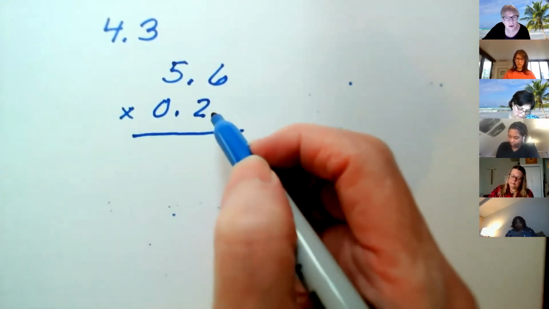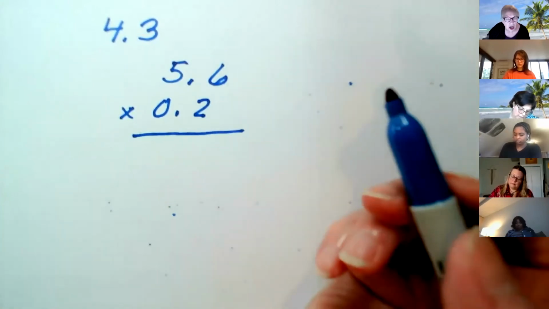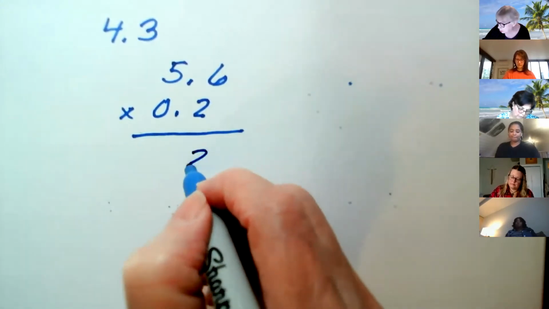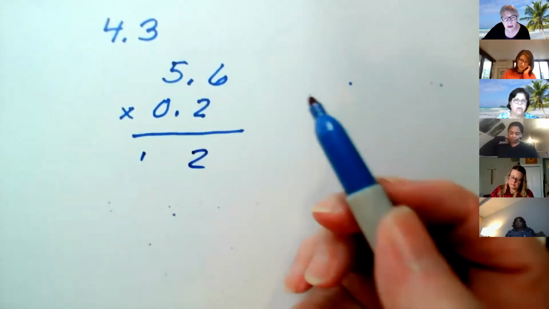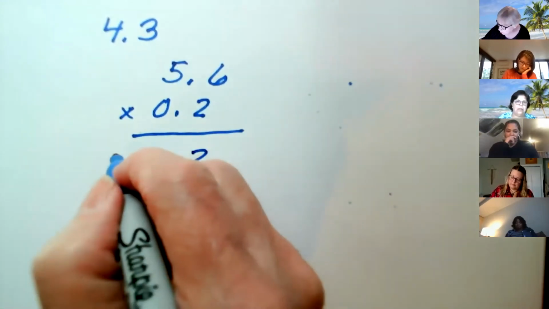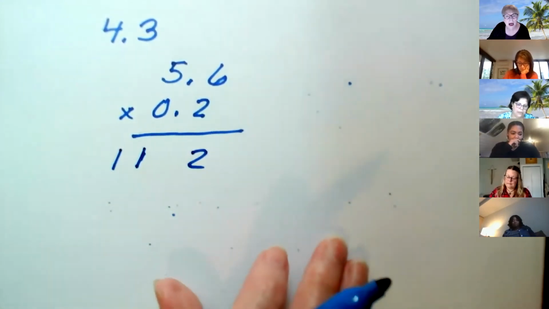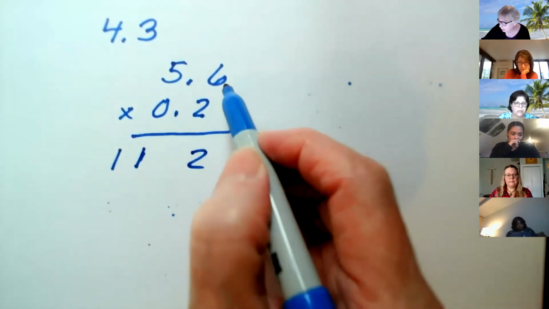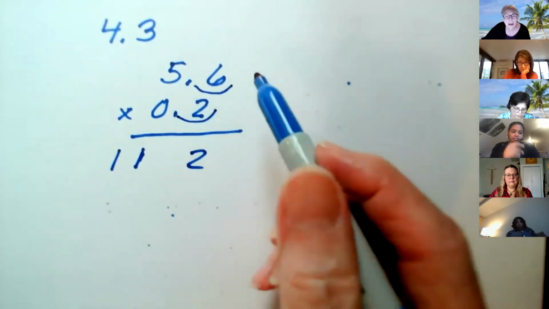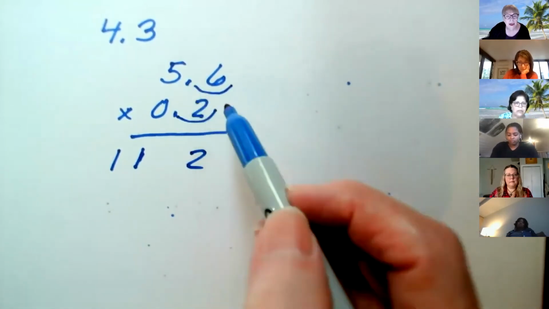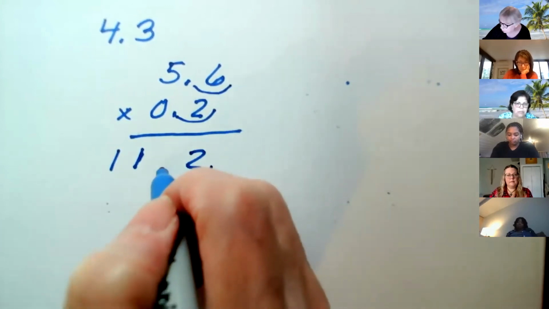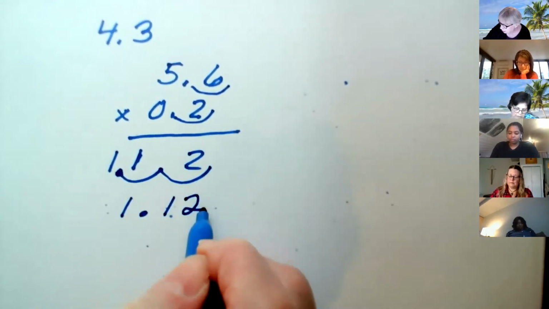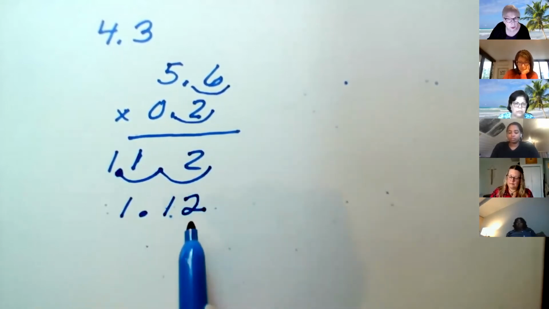So what you'll do, I tend to put the larger number on top just because it looks better, but it's not necessary. 2 times 6 is 12, carry a 1. 2 times 5 is 10, and 1 is 11. Now, this is multiply, and so the decimal doesn't come down. You basically count. I've got 1 here and 1 here. I've got to go over 2. So the answer is 112 hundredths, 1.12.